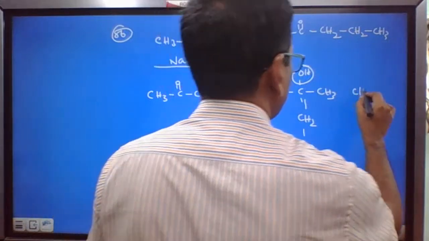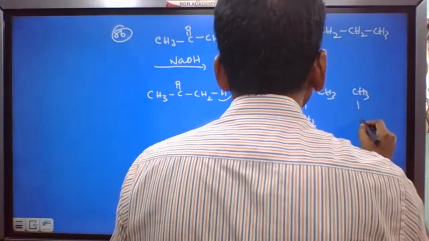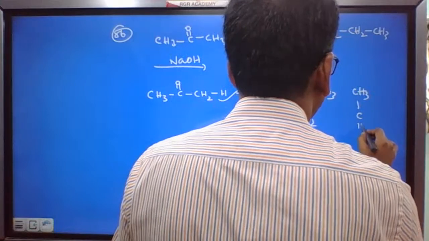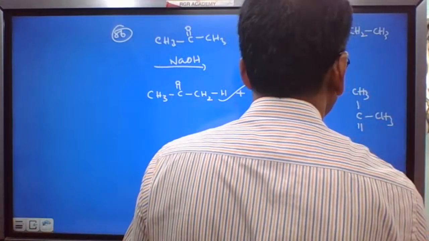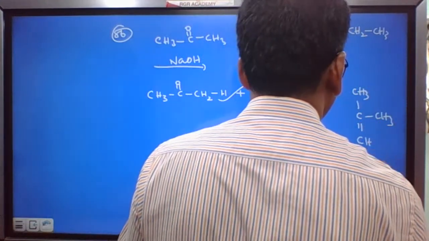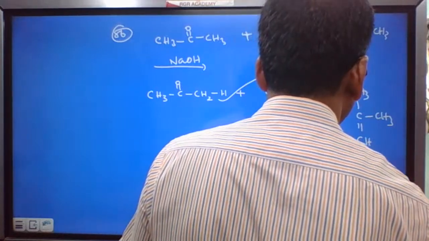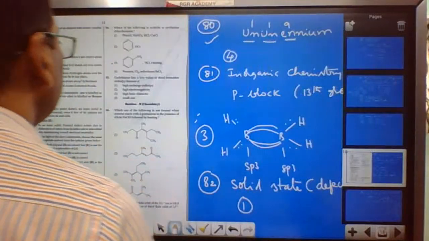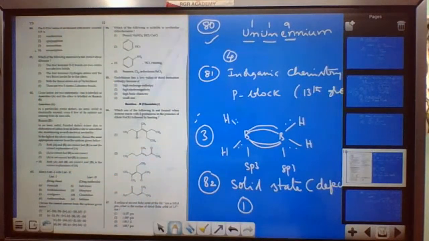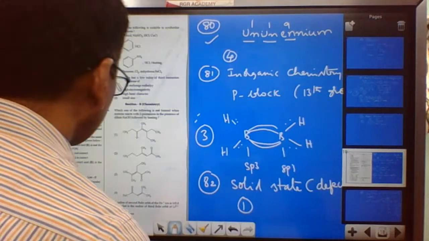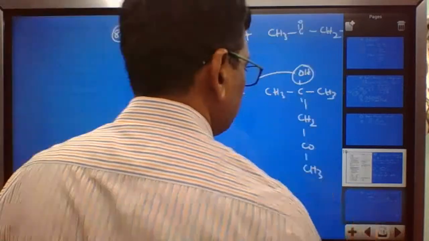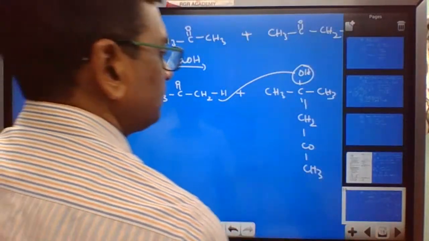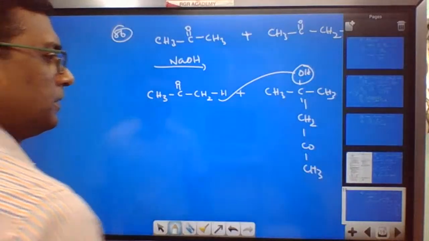So finally, you are going to get this compound CH3, C double bond CH3, CH, CO, CH3. Is that compound possible or not? Yes, this is the case. Fourth option, that is possible.